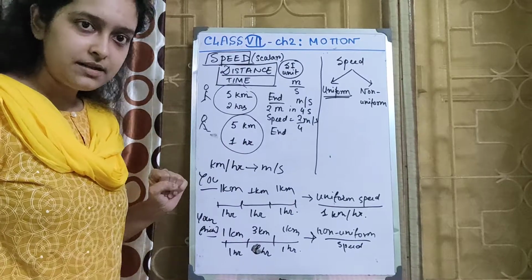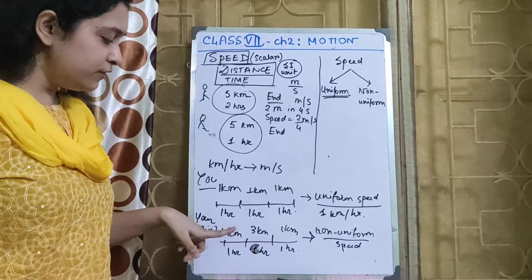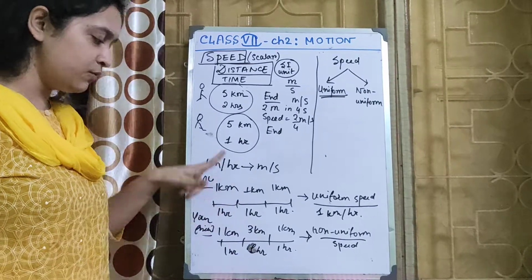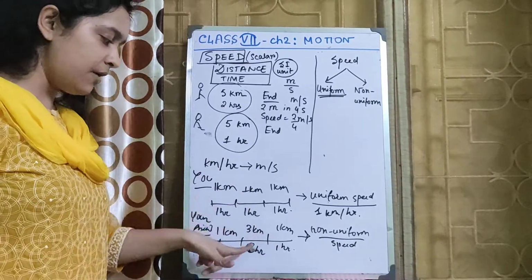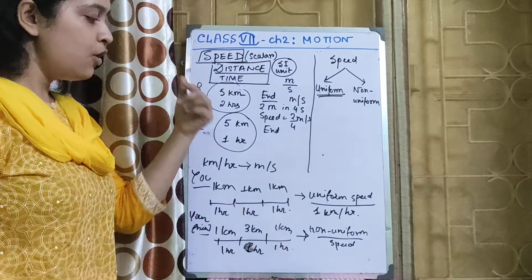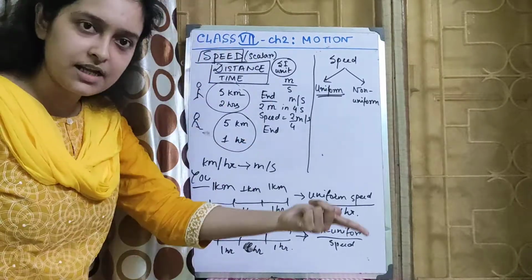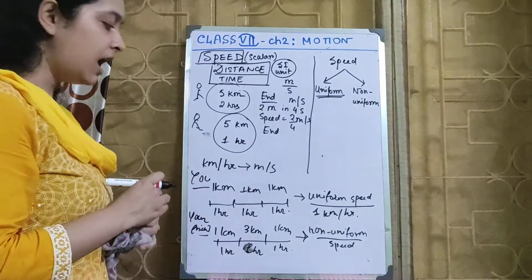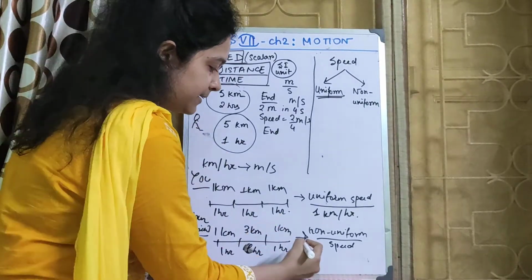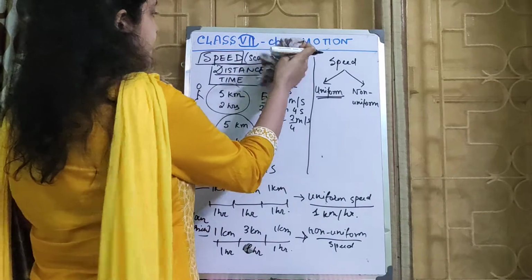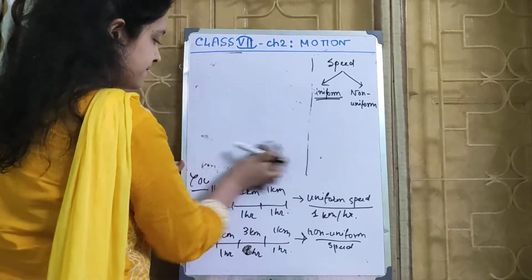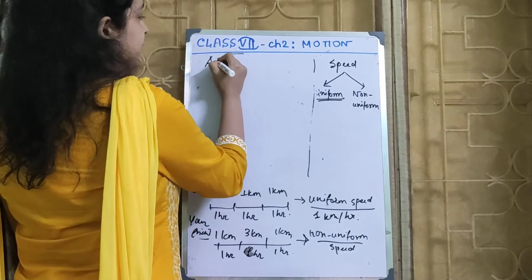How will you give me the answer then? You will have to say, my friend's speed is 1 kilometer per hour in the first interval, 3 kilometer per hour in the next interval, 1 kilometer per hour in the third interval. Will you say like this? No. We can say in a short form. How? We use the term average speed.